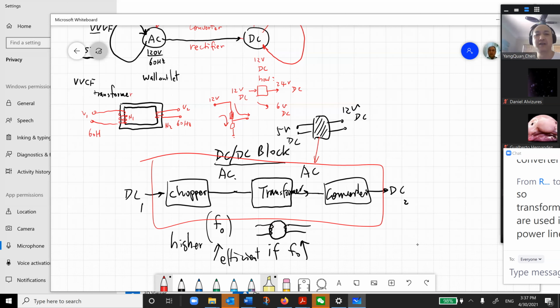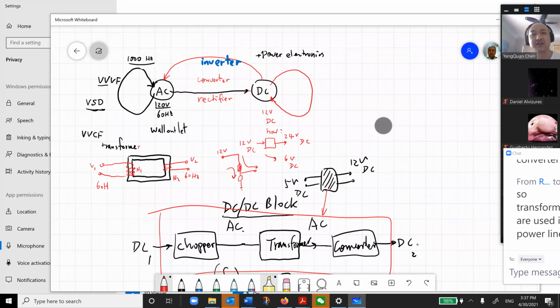All right, so DC-DC can be this thick book about all the techniques in a DC-DC converter. Hopefully you are going to have a picture here so you understand everything about this.